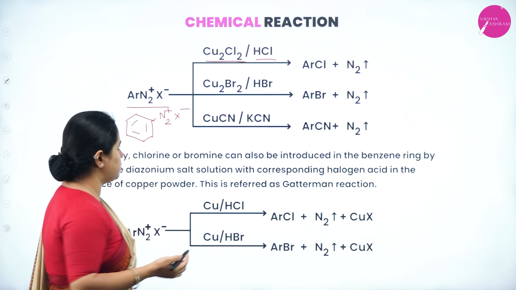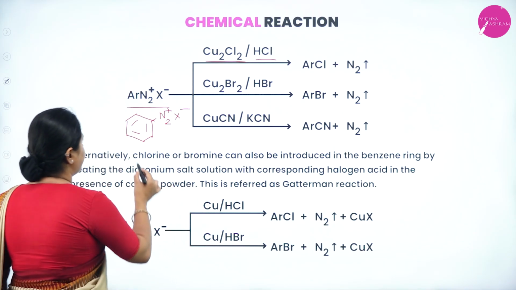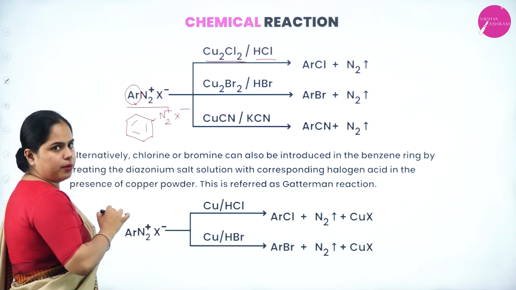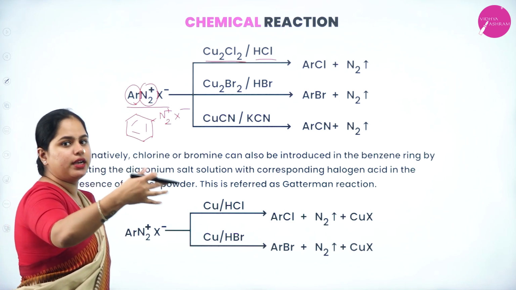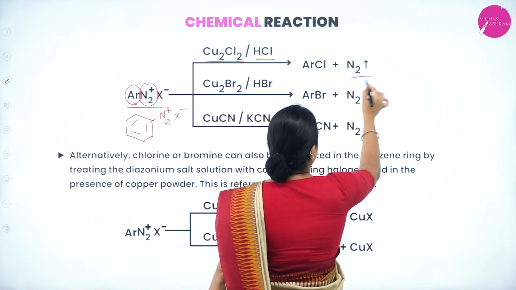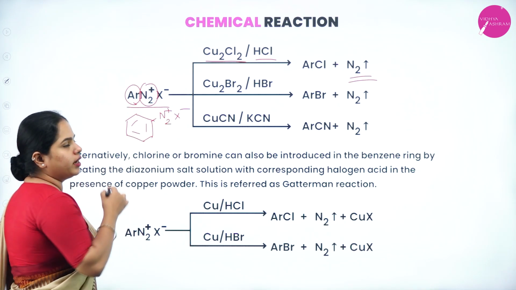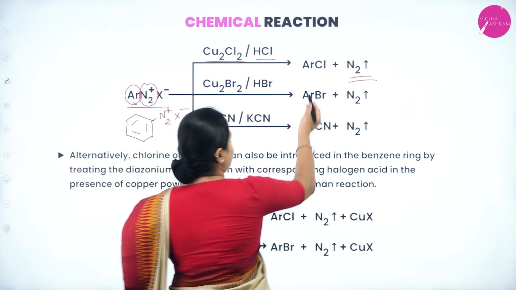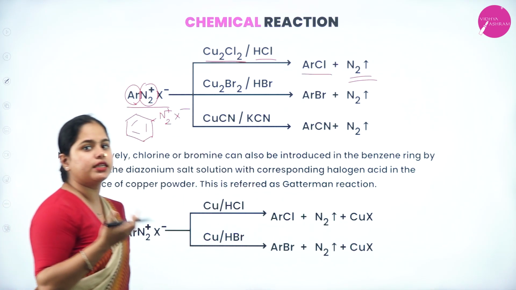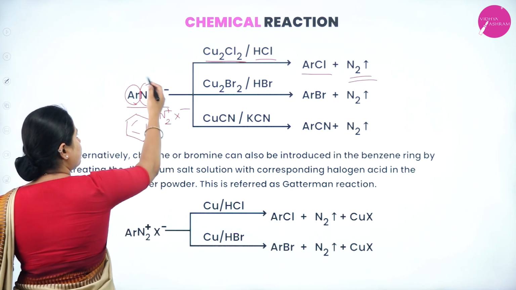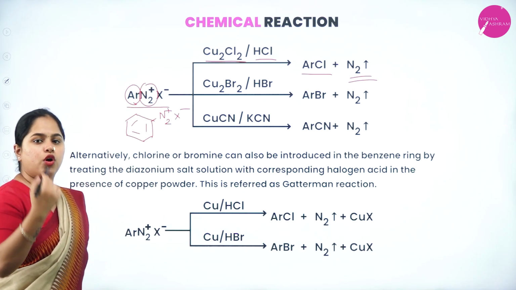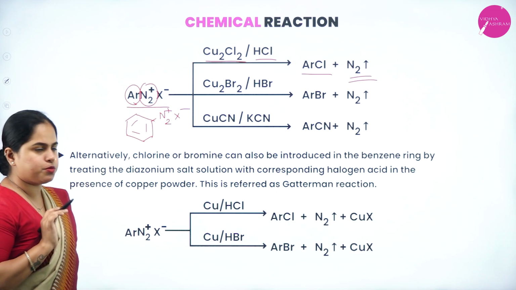Chloride ion is going to be substituted. So what is going to happen is this aryl group will remain and this nitrogen is going to be displaced as nitrogen gas. Right. And the chloride is going to be substituted here. So you will get ArCl. What is ArCl? It is chlorobenzene, right? So instead of this N2X-, the chlorine is going to get substituted there.